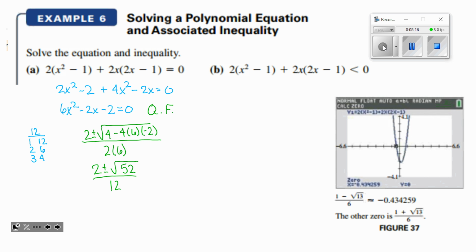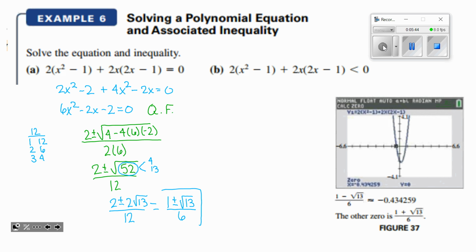And you might think you're done, and you might be, but if we need to reduce this, 52 does divide by 4. It's 4 times 13. So I can actually reduce that. This is going to be 2 plus and minus 2 root 13 all over 12, which gives me some friendlier numbers: 1 plus or minus just root 13 all over 6.